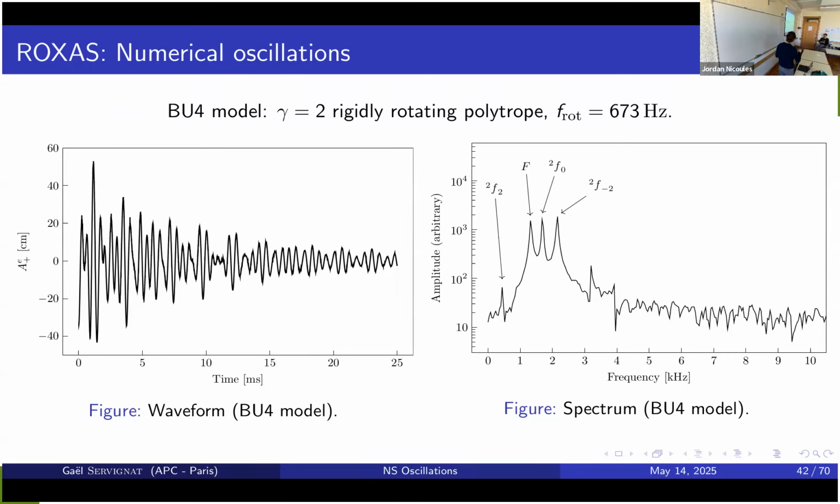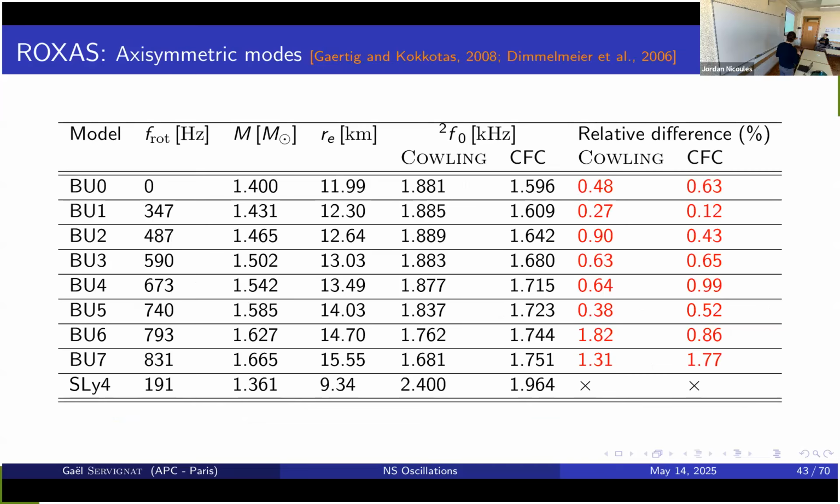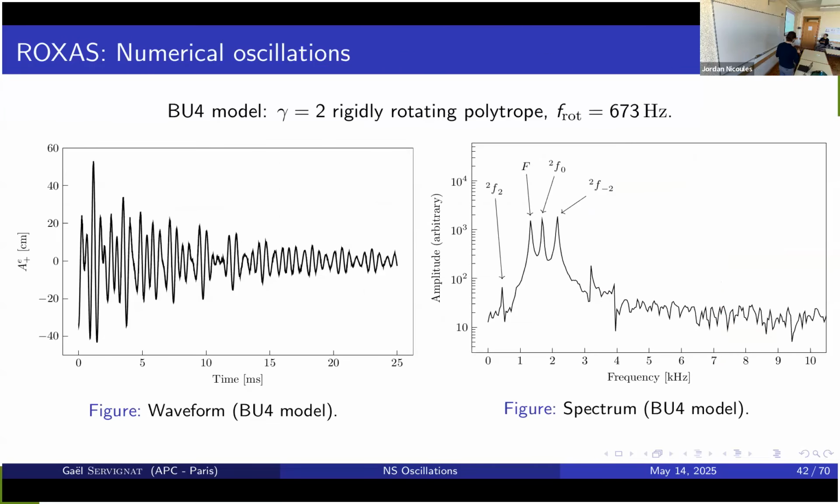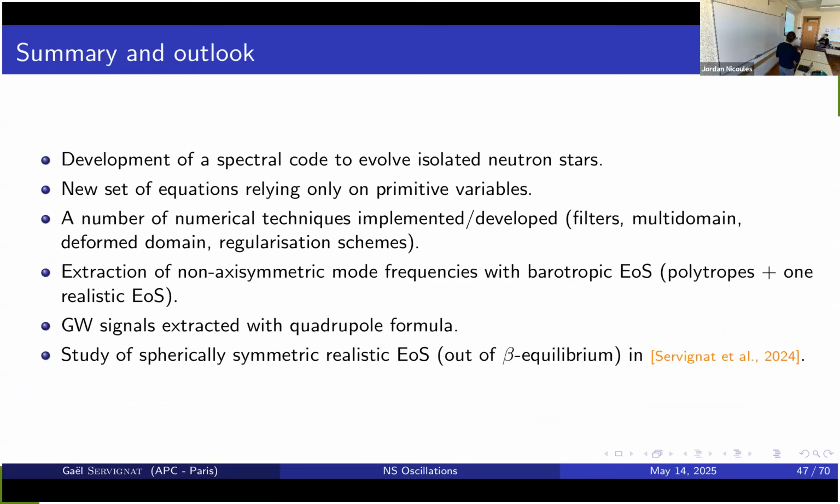But the point is that we are able to extract the quadrupolar modes, which are the dominant frequency gravitational wave oscillations. Which, by the way, might not look like it on this, but this is an arbitrary perturbation and not a realistic one. Okay, so let's try to conclude.